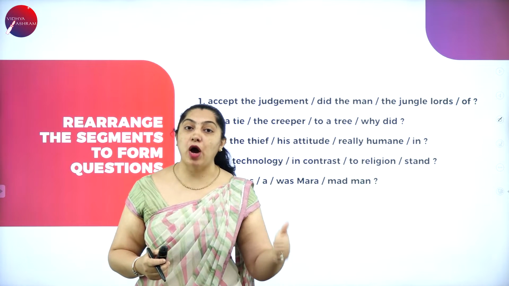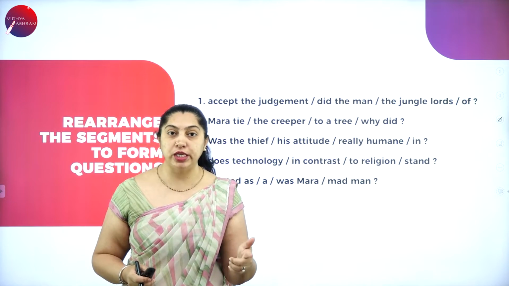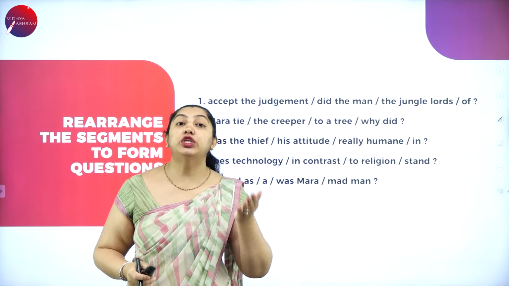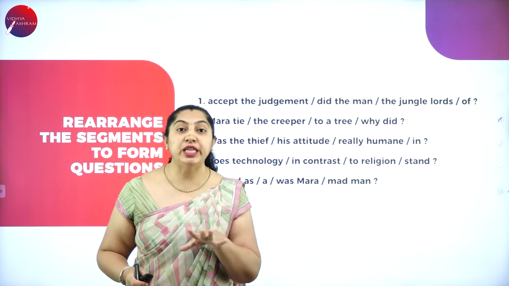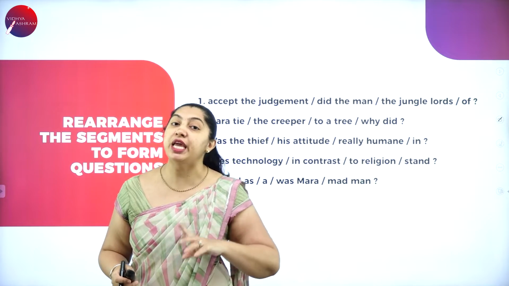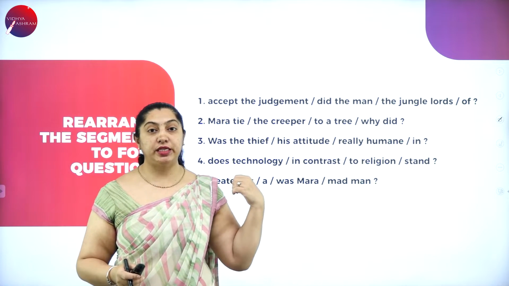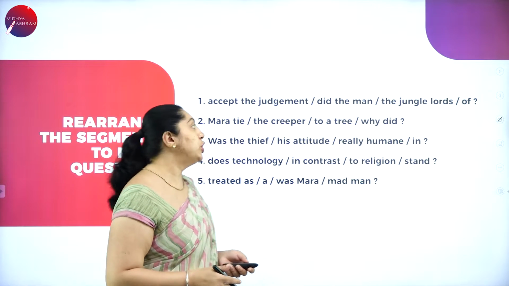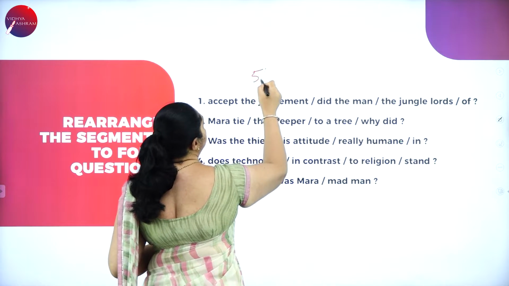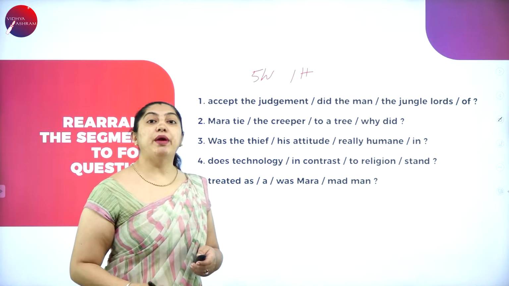If you know the nouns and the pronouns, if you know the helping verbs or the auxiliary verbs, and if you know the do forms, that is do, does and did, if you know all these three things, then it is very easy for you to identify or to frame a question form. And the very important thing here, you should be knowing 5 W and 1 H. What do you mean by 5 W?